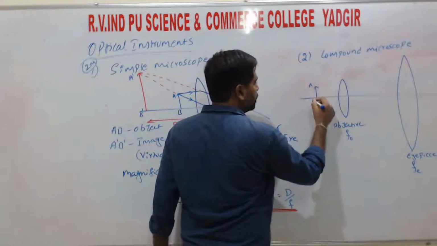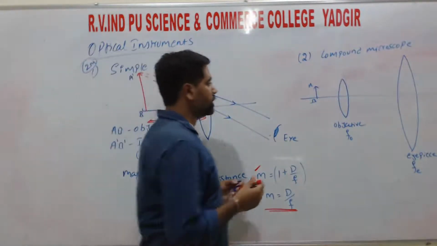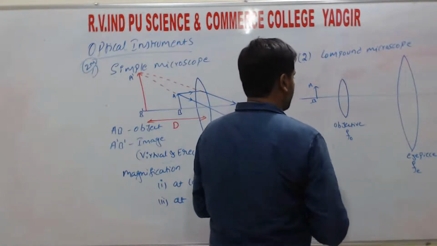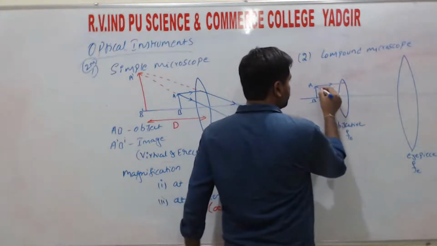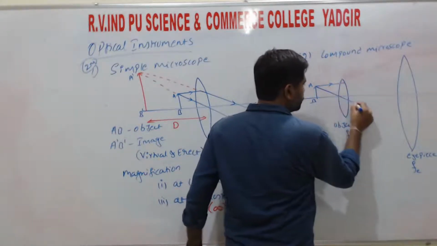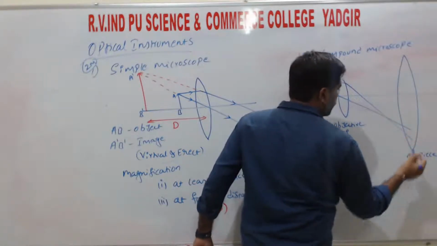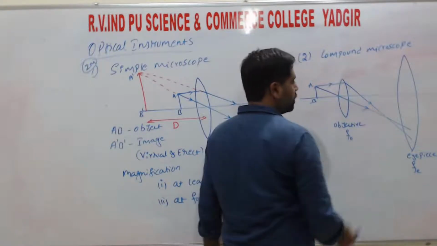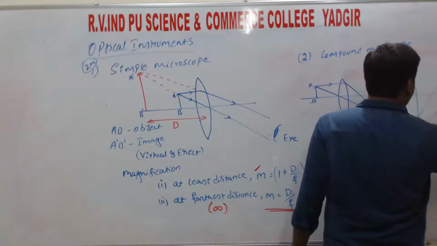So from this object, two rays like this, right? So these are the refracted rays. Again, from here it gets refraction.